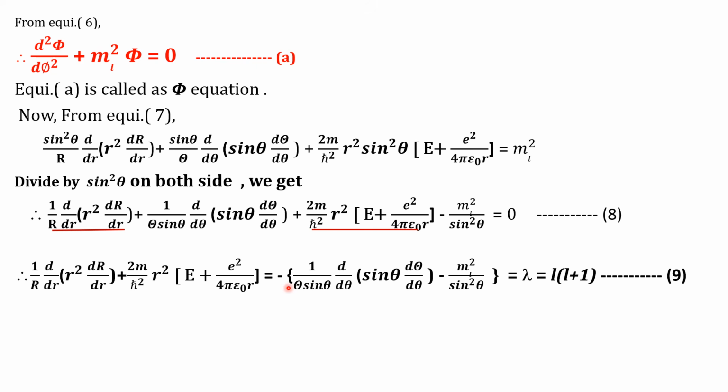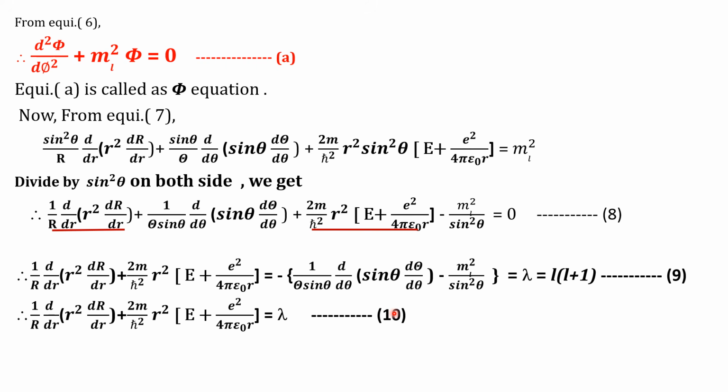This becomes minus [1/(Θ sinθ) d/dθ(sinθ dΘ/dθ) − m_l²/sin²θ]. Both sides being equated, it must be equal to some constant, and it is L(L+1). Hence, from equation 9, we again write two equations, each equal to L(L+1).